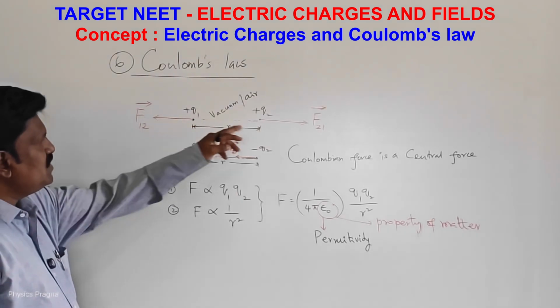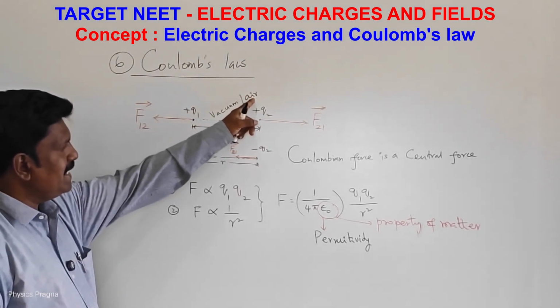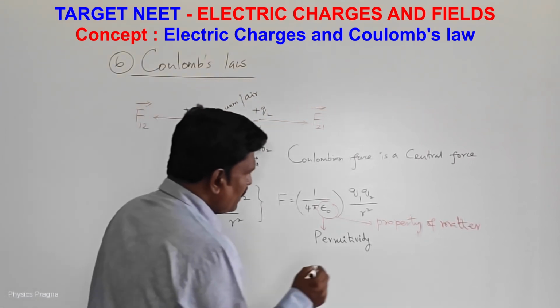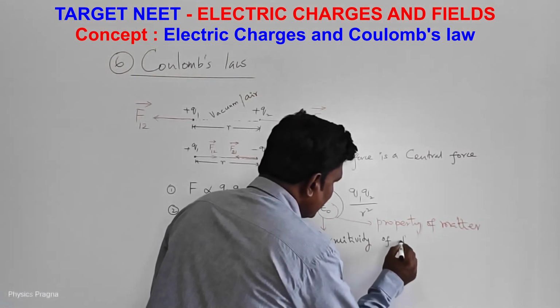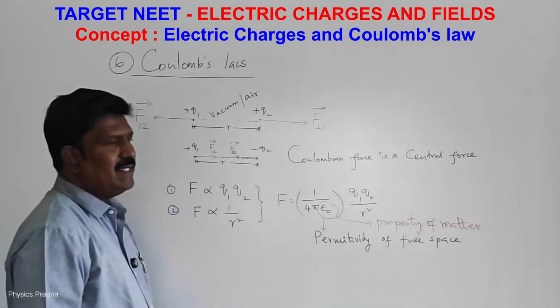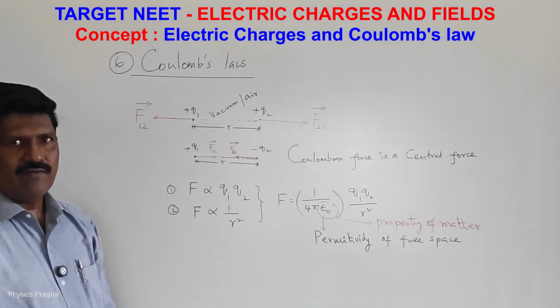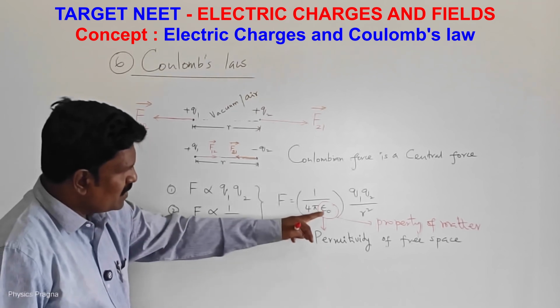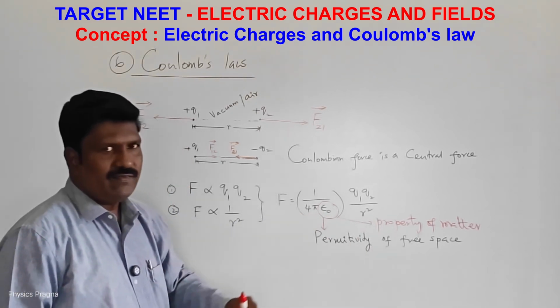In between the charges, vacuum or air is there, which is why I have written epsilon naught. Epsilon naught is the permittivity of free space. Free space means the permittivity of vacuum or air. This is a property of matter.